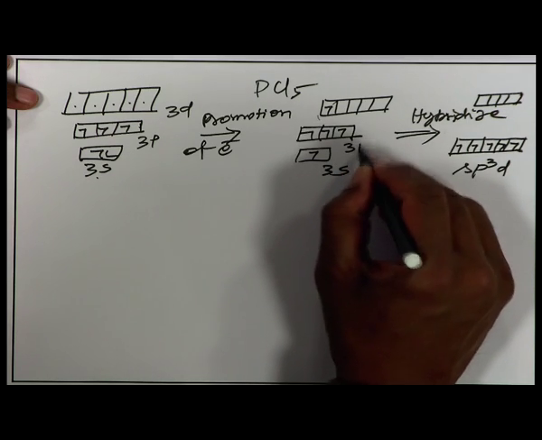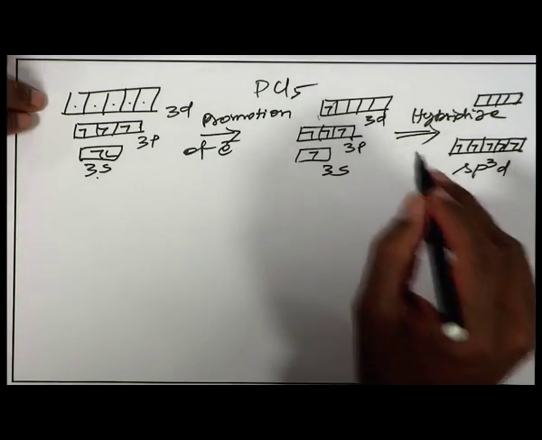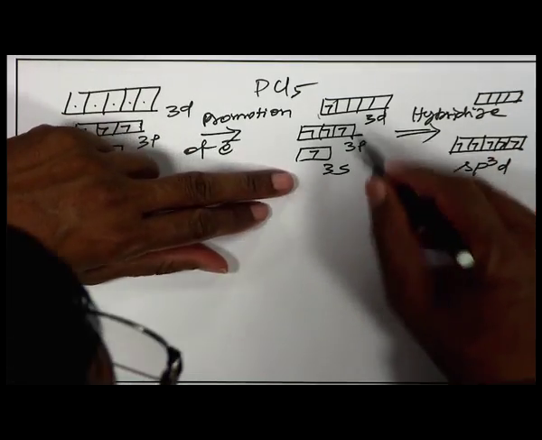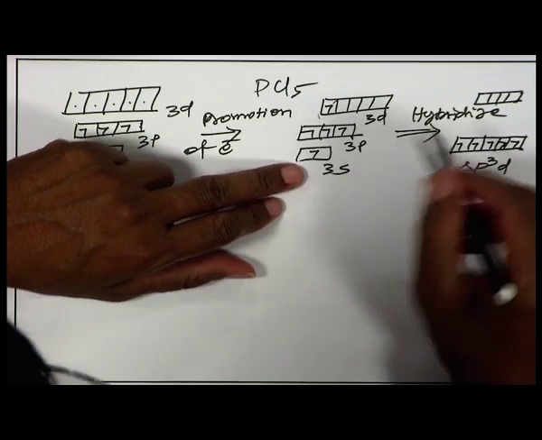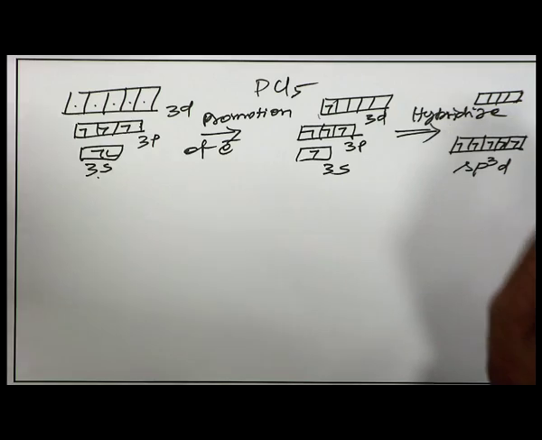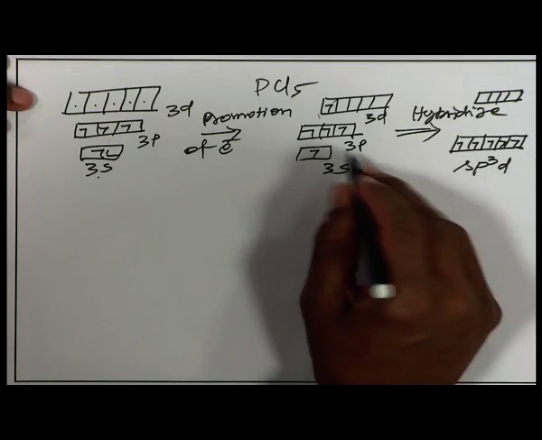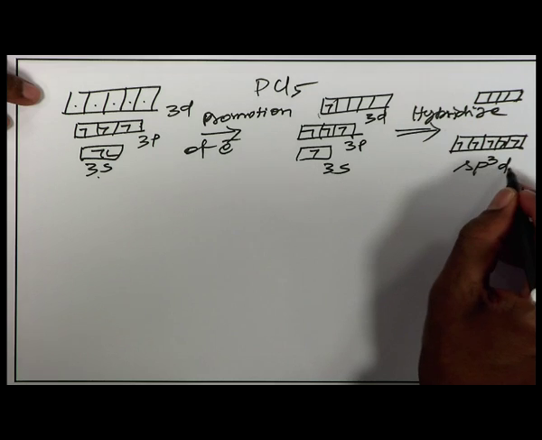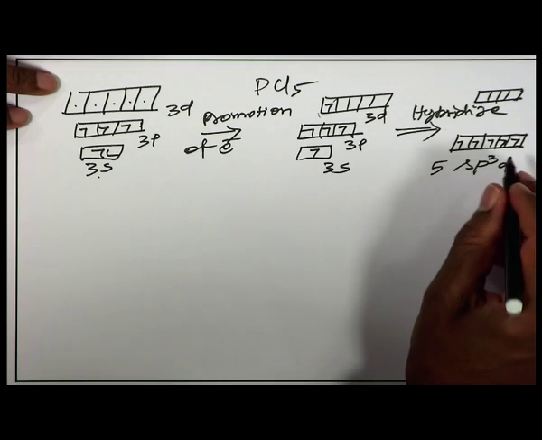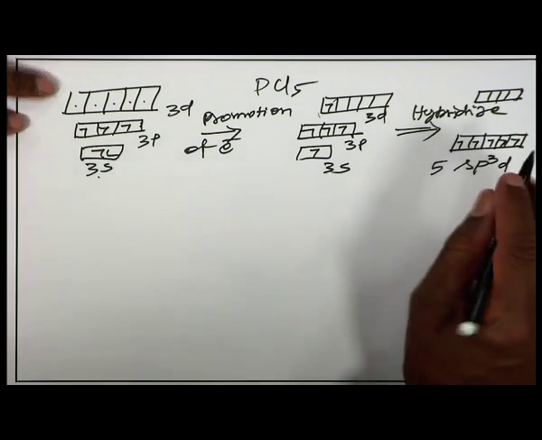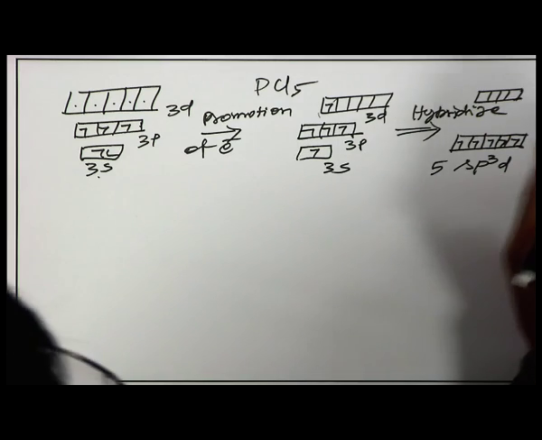This is a 3p orbital, these are 3d orbitals. So, hybridization between 3s, 3p and 3d. One of the d orbitals is used. We will see which orbital that is. So, after that you have sp3d hybridized orbitals, 5 of them. These 5 sp3d hybridized orbitals are not of equivalent energy, and I will show you.